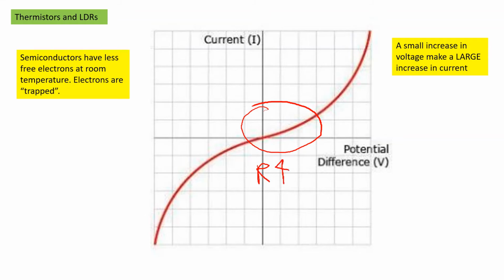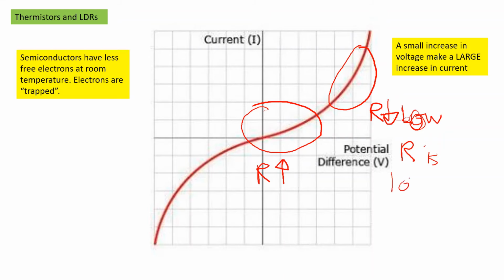But for this region, it is low. So R is low. So the resistance is low.